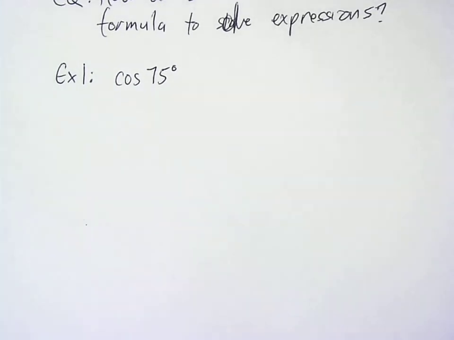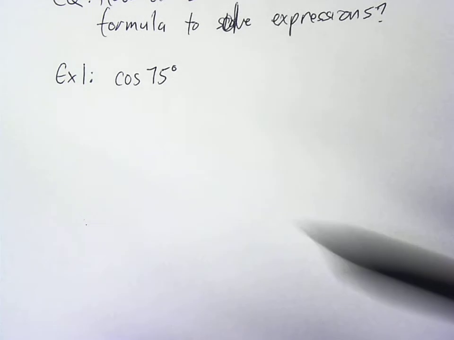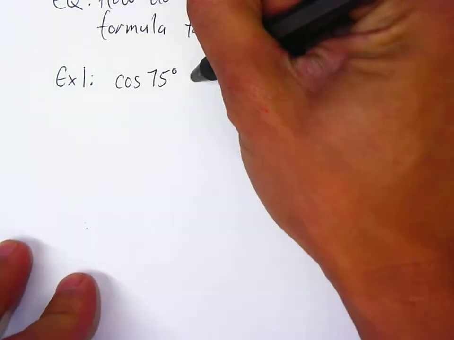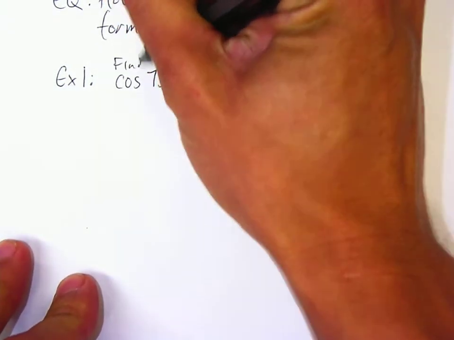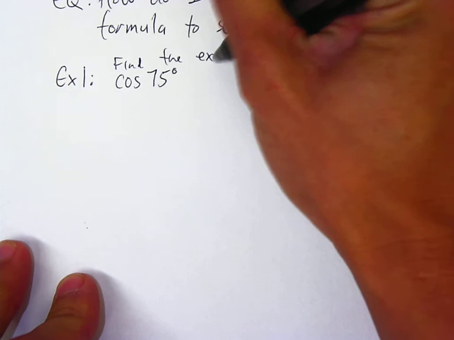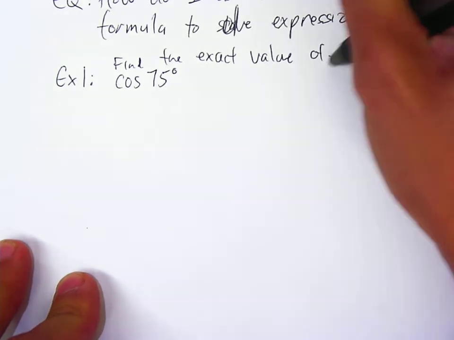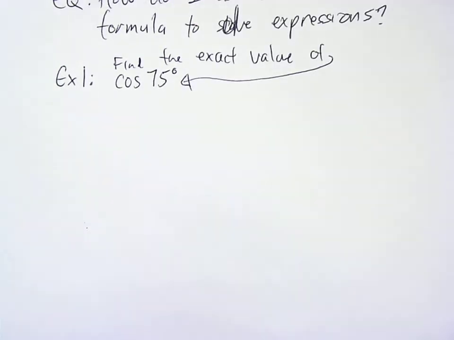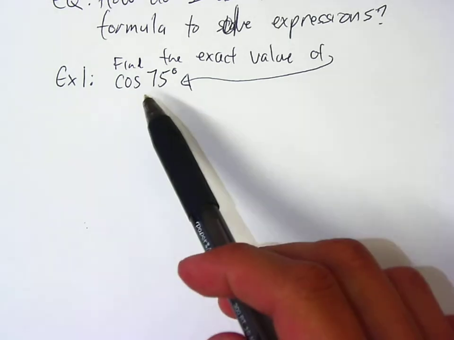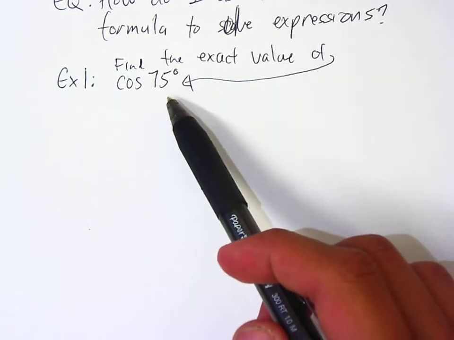Okay, so the reason why we need sum and difference formulas is because if they're asking for something like find the exact value of cosine of 75, if we're talking about finding the exact value, I want something like unit circle values, but unfortunately on your unit circle you don't have a 75 degrees.